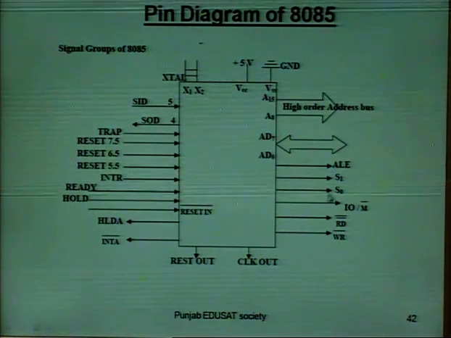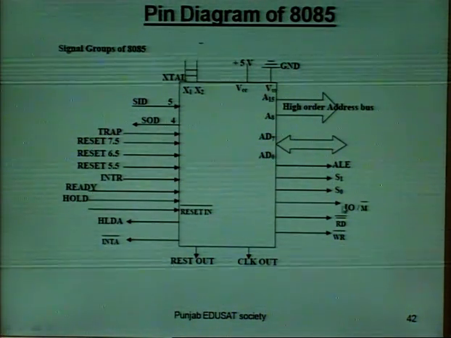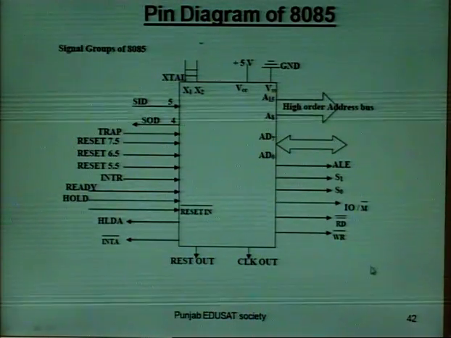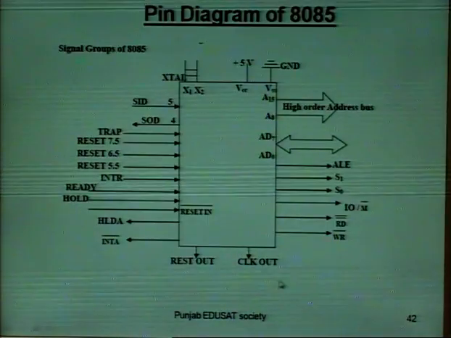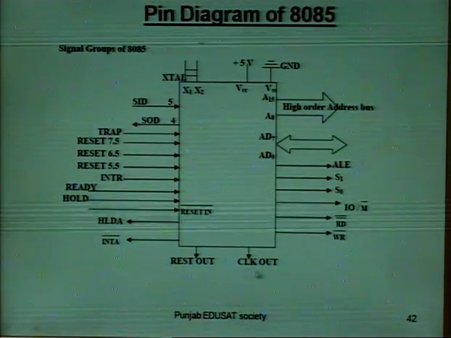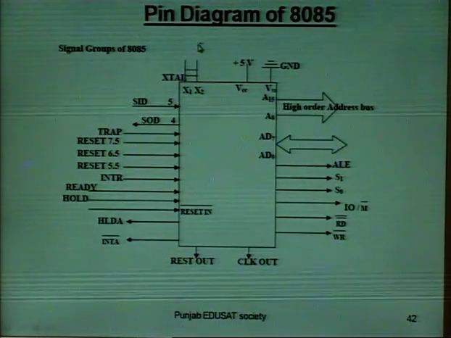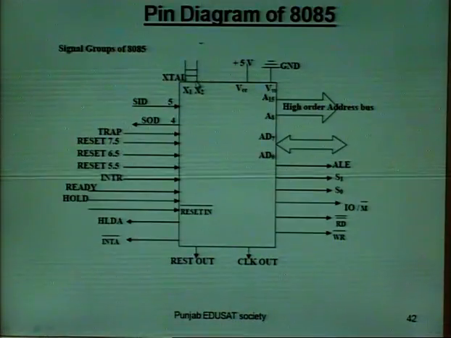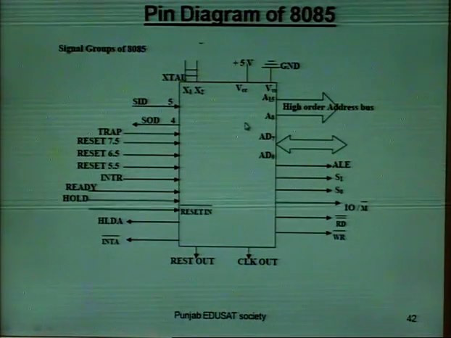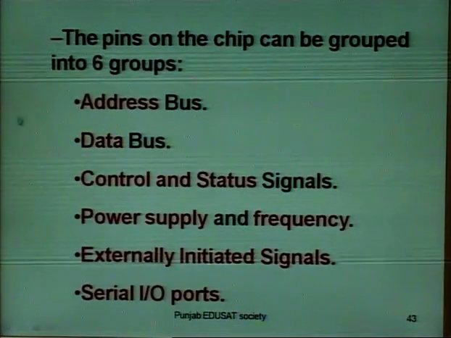Then address latch enable, S1, S0 status signals, input output, read, write, they are all output signals. Then we have reset out and clock out, these are output signals. At X1 and X2 a crystal oscillator of 6 megahertz frequency is connected, which is internally divided by 2. 8085's operating frequency is 3 megahertz.